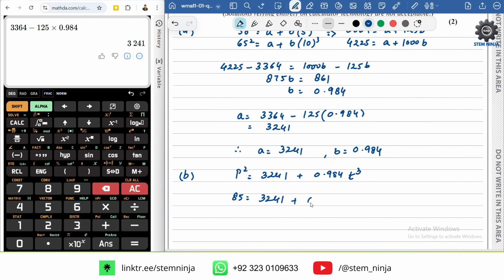3241 plus 0.984 T cubed. So basically this means that at T is equal to T, P is equal to 85, right? So T cubed would be equal to 85 minus 3241 divided by 0.984.